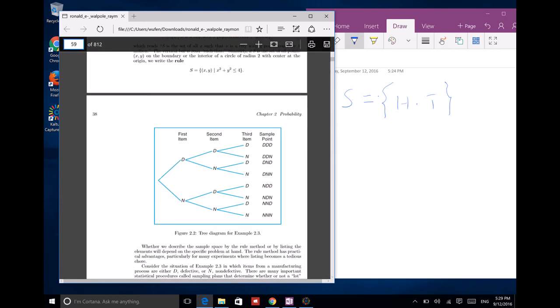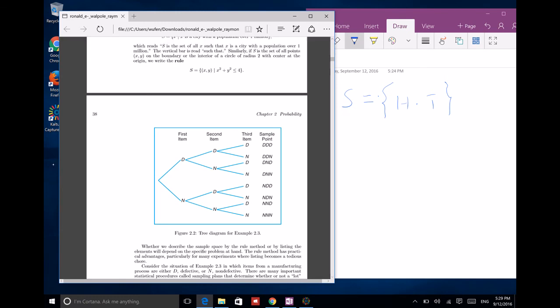Now look at this one. The first item could be defective or non-defective. The second could be defective or non-defective. The third can be defective as well. So after the second one you have 2 options, and after non-defective you also have 2 options. Together you can have DDD, and defective, defective, non-defective, DDN.